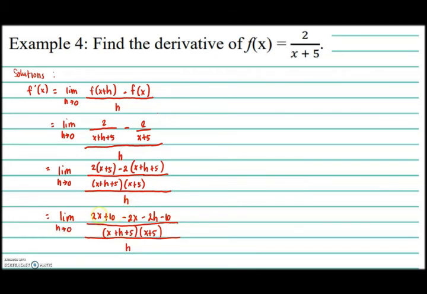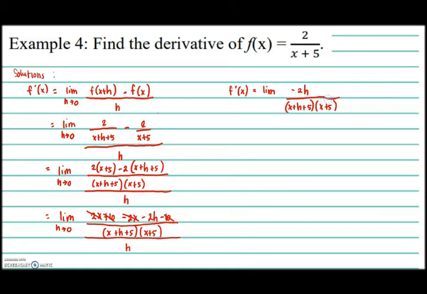Now here we can see that we can already combine like terms. So we will cancel out 2x and negative 2x, 10 and negative 10. So we are left with f prime of x equal to the limit of negative 2h over (x + h + 5) times (x + 5).